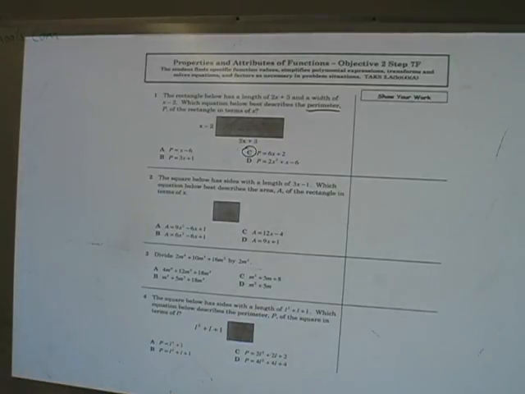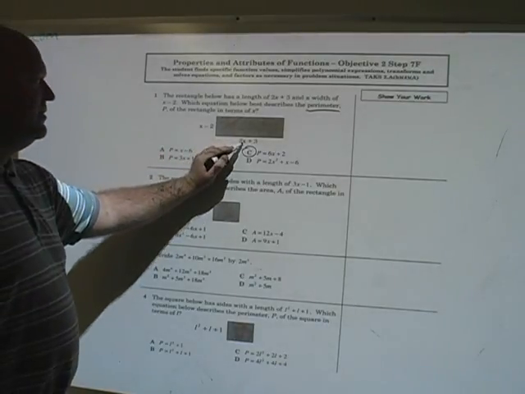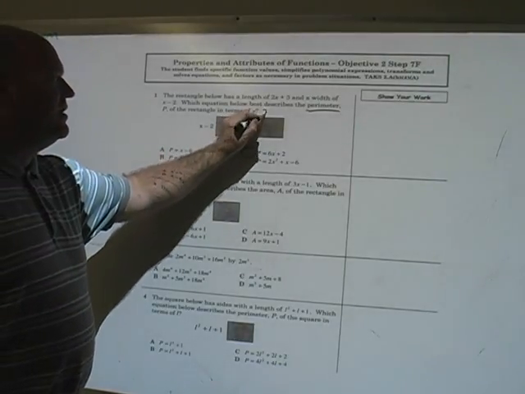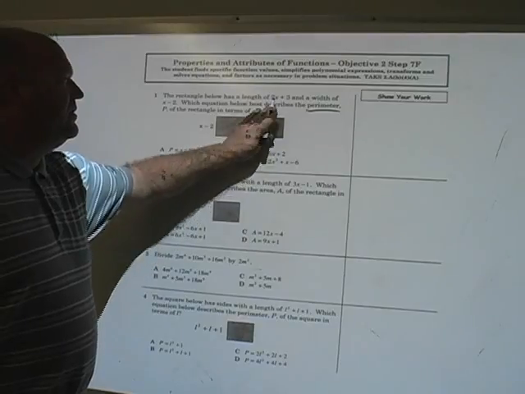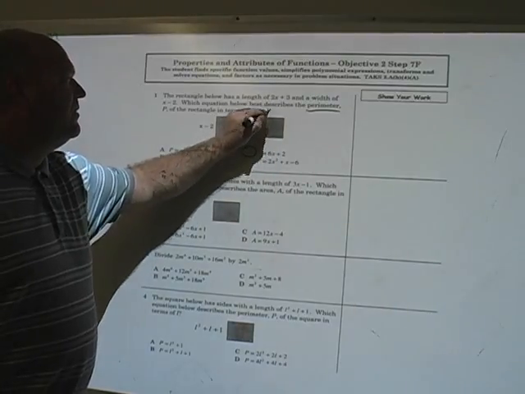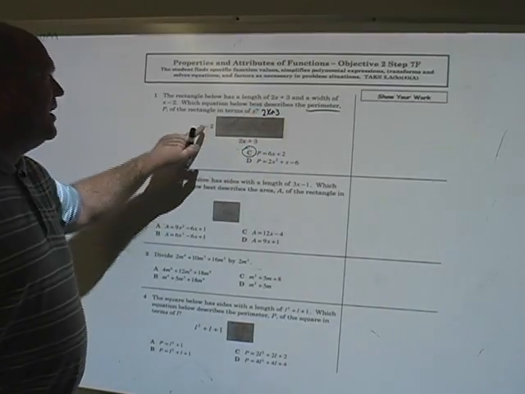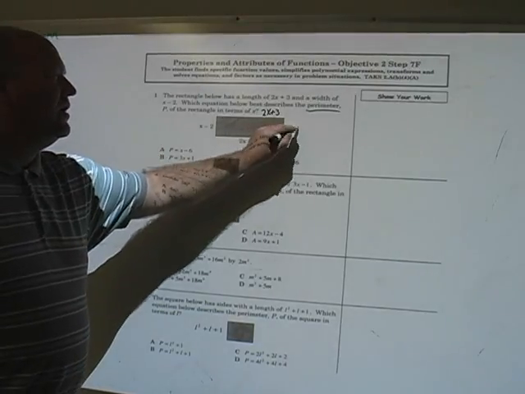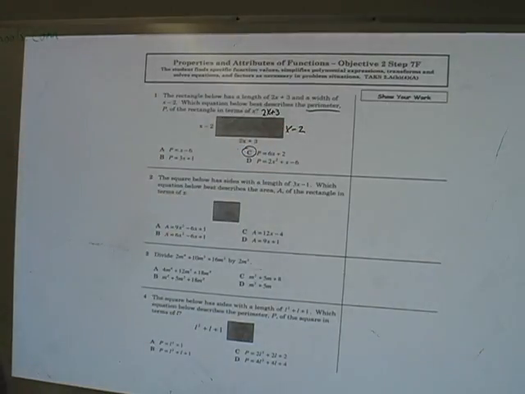Okay? You should already know how to do that. You're just adding up all the sides. Make sure you add 2x plus 3 here and another 2x plus 3 here, and x minus 2 and another x minus 2.